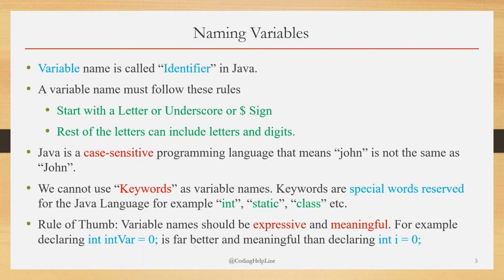Rule of thumb: variable names should be expressive and meaningful. By expressive and meaningful, when we read the name of the variable, we should at least know something about the variable, what kind of information is stored there. For example, declaring int var equal to 0 is far better and more meaningful than declaring int i equal to 0.